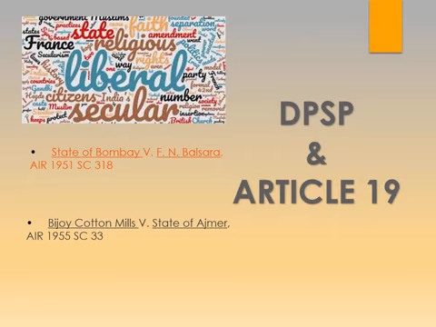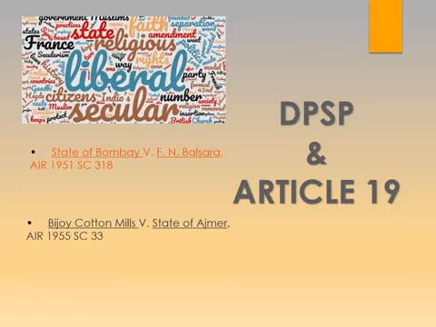The first case is the State of Bombay versus F.N. Balsara. In this particular case, the Supreme Court gave way to Article 47, which directs the state to bring about prohibition of consumption of intoxicating drink except for medical purposes, and to support its decision that the restriction imposed by the Bombay Prohibition Act was a reasonable restriction on the right to engage in any profession or carry on any trade.